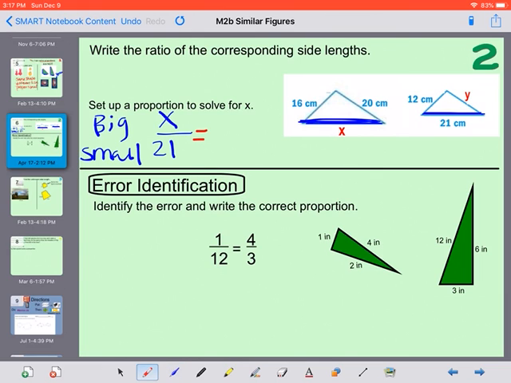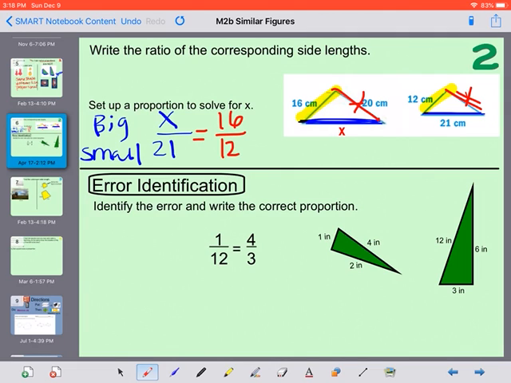And I know two of the other sides. I don't want to use this side because we don't know what that side is, but I can use this side here. Those are proportional, or we can write a ratio from the big triangle to the small triangle. So the big triangle's side length is 16, the small triangle's side length is 12.